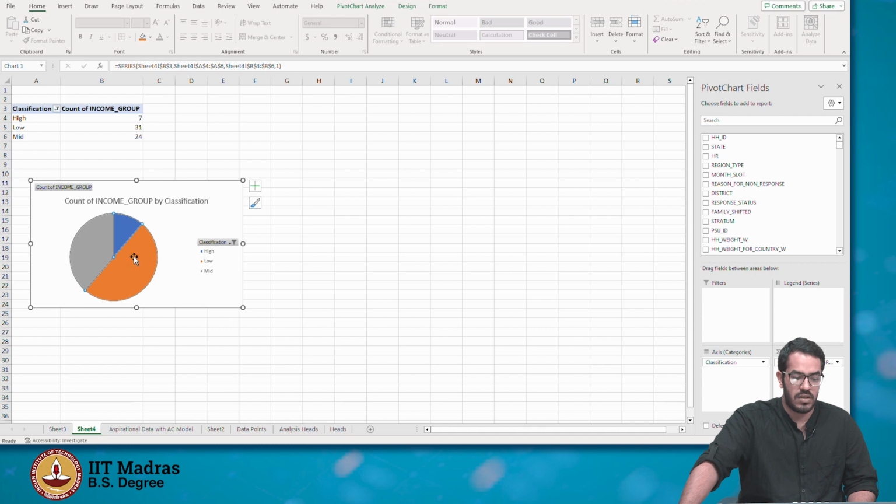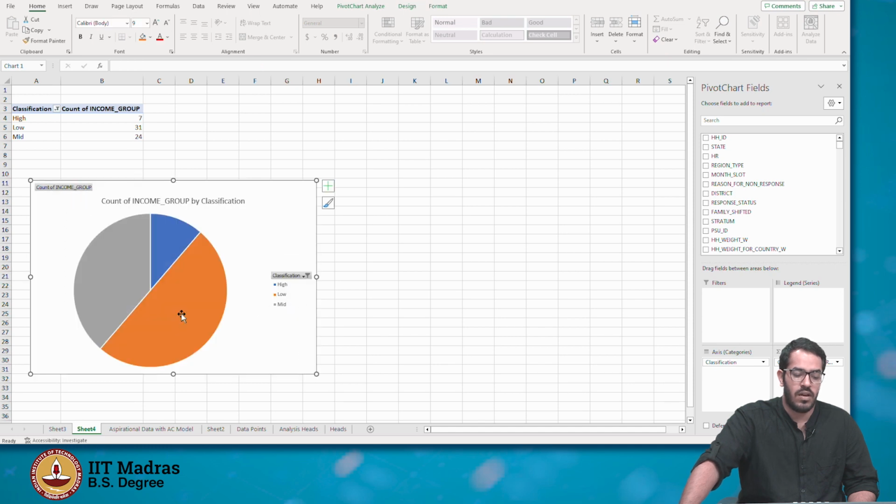how many are there, how many of them are low income, how many of them are medium, how many of them are high income. If I hover over, or if I keep my mouse over it, I will get a bubble which will tell me what is this specific data point, what is the value of it, how much percent does it take on the pie chart, things like that. So we can see here that this is low, the orange that we have here, I keep my mouse here.